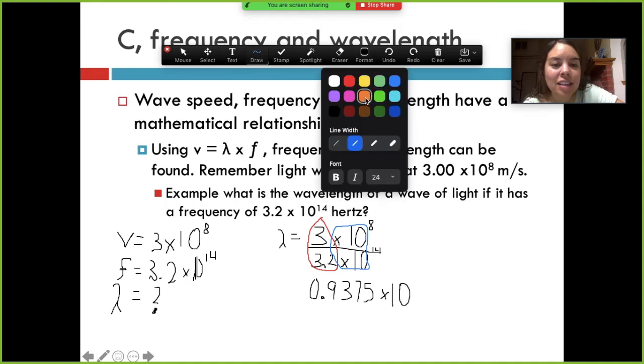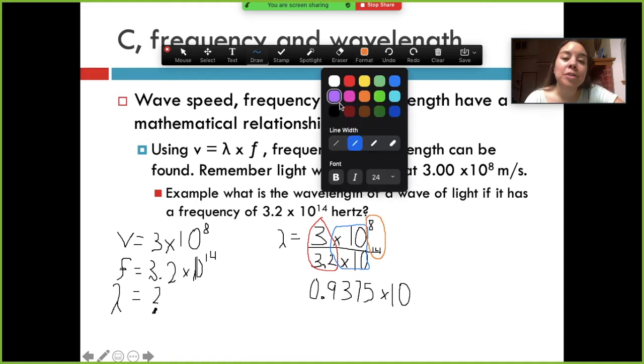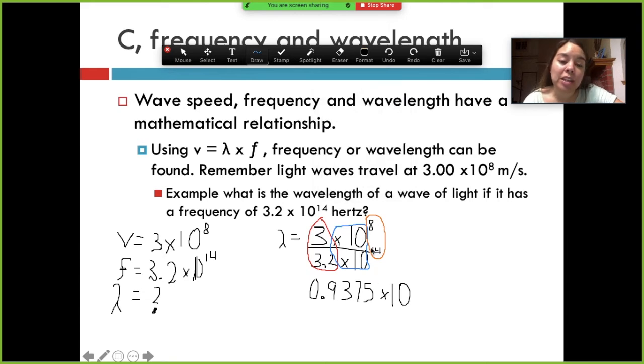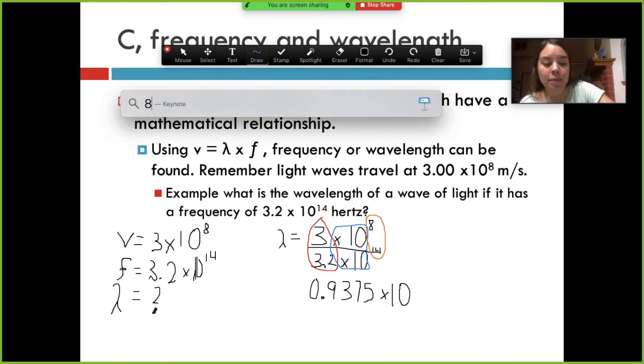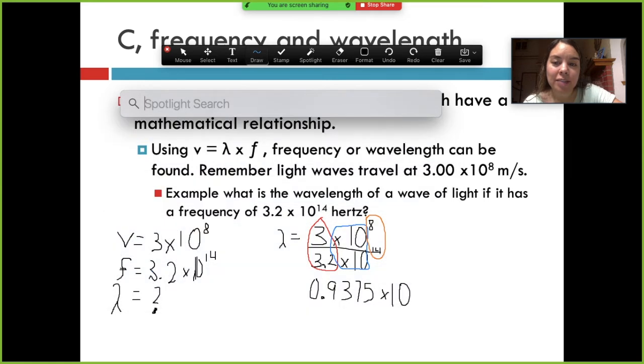And the next thing, I am going to subtract these two exponents. The reason I'm subtracting is because I am dividing the numbers. So when you're dividing exponents, you're actually just subtracting. So 8 minus 14 is going to equal -6.